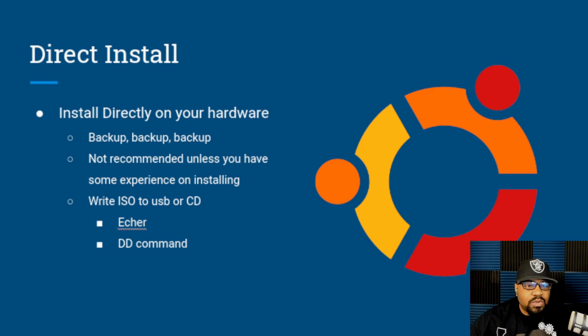And since we're just going through a course and a simple introduction, I don't want people to go through this and mess up their computer by not having backups, lose files, and not have a way to recover them. And then also when it comes to a direct install, you have to write the ISO to a USB or a CD, which will cause a little bit more confusion than necessary just to follow along and run a couple commands that I'll teach you through this course.